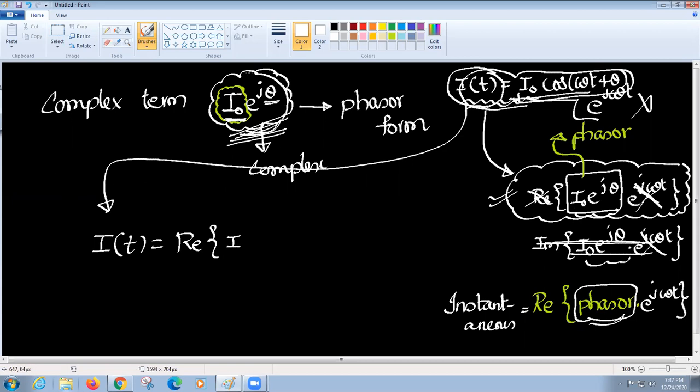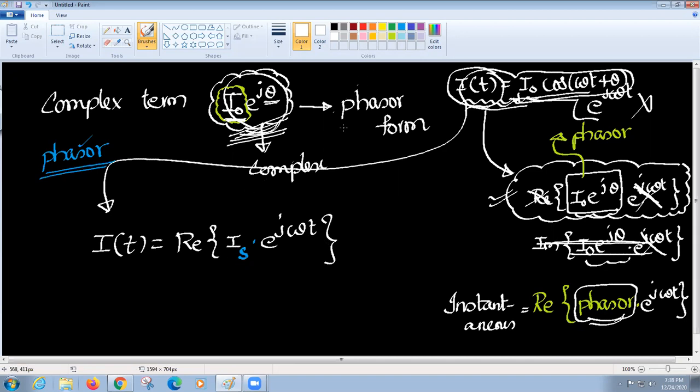I know this I naught e power j theta is the phasor current. So just to make a note, I will take this one as a subscript. It's a very common convention, because for phasor forms most textbooks do this. And you have e power j omega t.